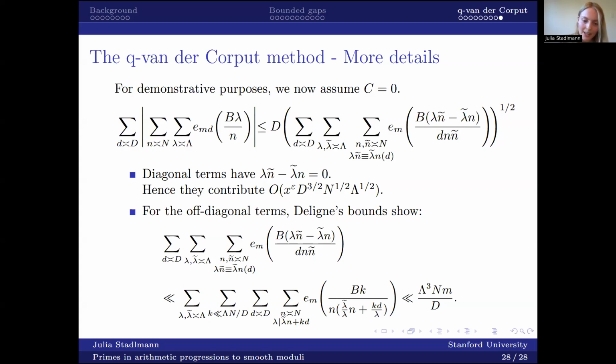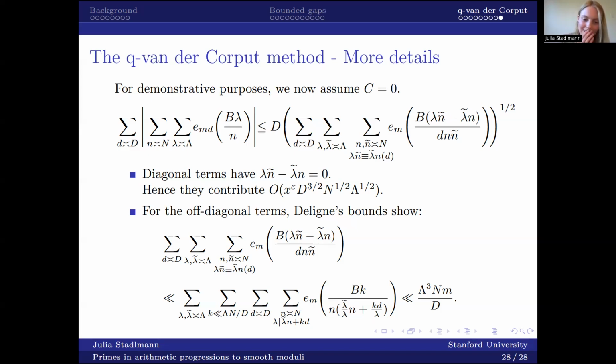And that will replace the difference n tilde minus n by k times d. So this time, we have lambda n tilde is congruent to lambda tilde n mod d. And so that means that we have that lambda n tilde minus lambda tilde n is kd. And so we again have a k here and cancel d and d. And so the d is gone, which was the point of the Q van der Corput method.